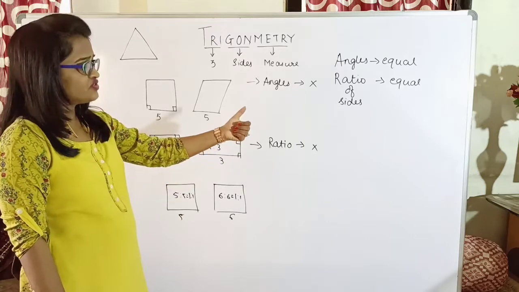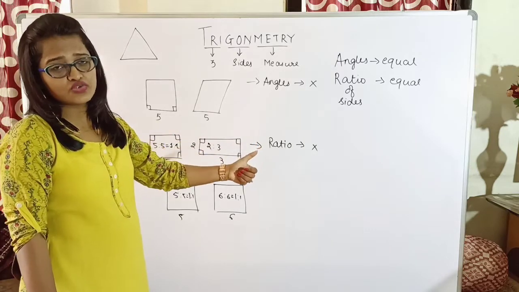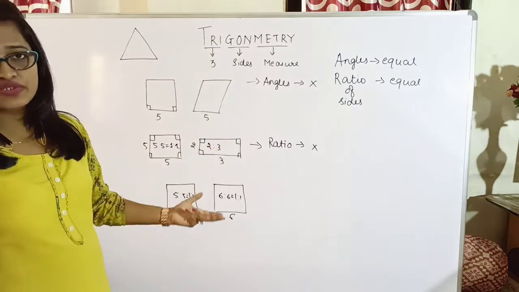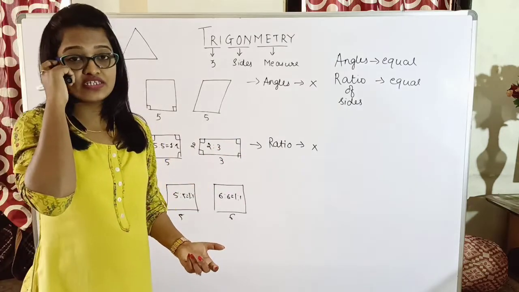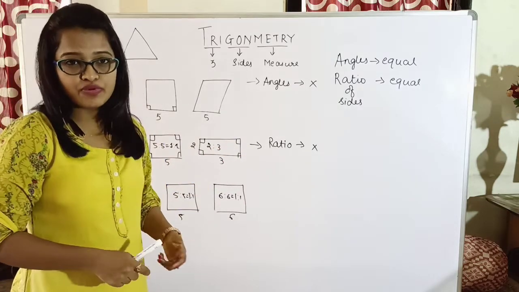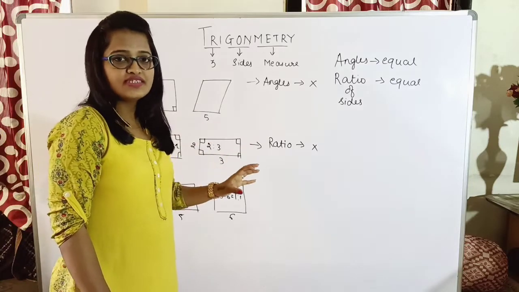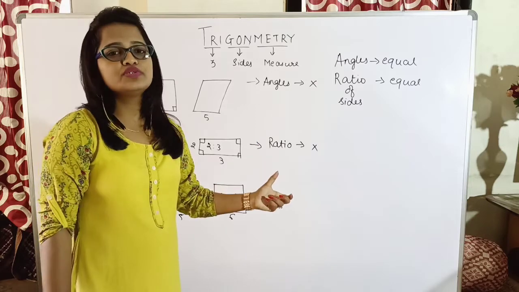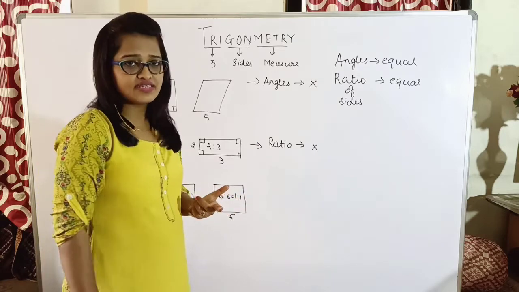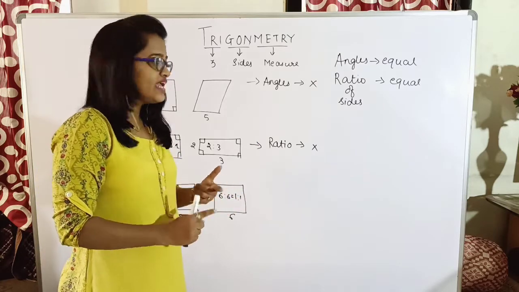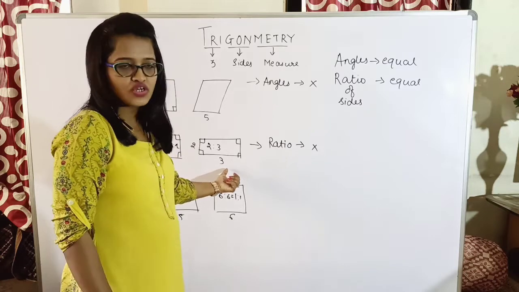Now, this is the definition which we have seen in our triangles topic, isn't it? Two triangles are said to be similar when the angles are equal, whereas the corresponding sides are in equal proportion. By this same logic, two figures are said to be similar only when the angles are equal. If only angles are equal, still the figures are not similar.